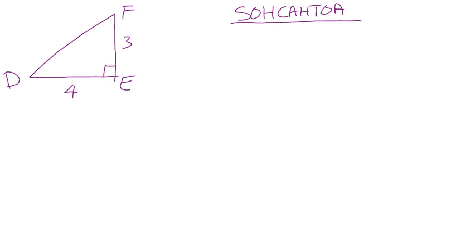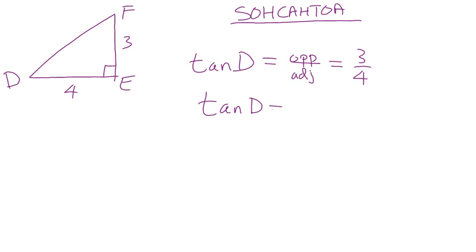All right, what is the tangent of angle D? Let's start with tan of D is opposite over adjacent. What's the length of the side opposite angle D? 3. What's the side adjacent? Now, here's a question. What is angle D then? First of all, we can write tan of D is 0.75.